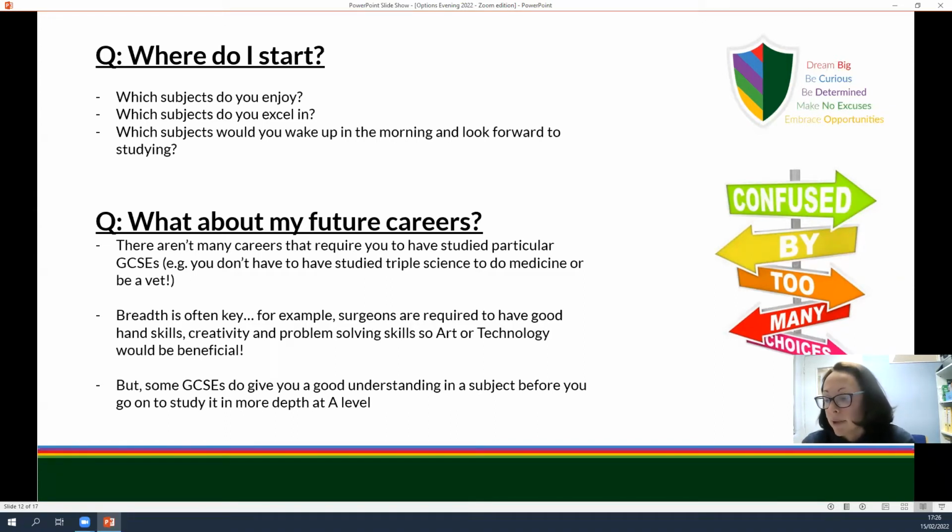A perfect example of this is, I think it was a Radio 4 programme about 2-3 years ago, and I use the example all the time in my options presentation. There were a number of surgeons who were discussing that they were getting junior doctors and junior surgeons through the ranks that were exceptionally intelligent and had A stars in their A levels and had gone off to do degrees, and they're exceptionally bright.